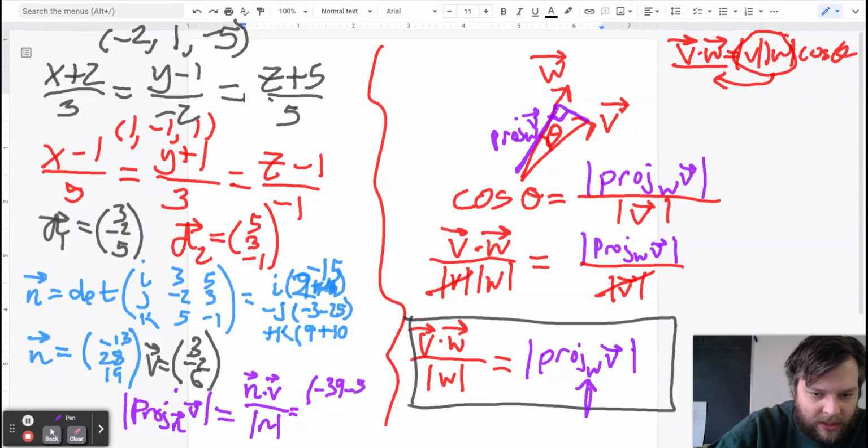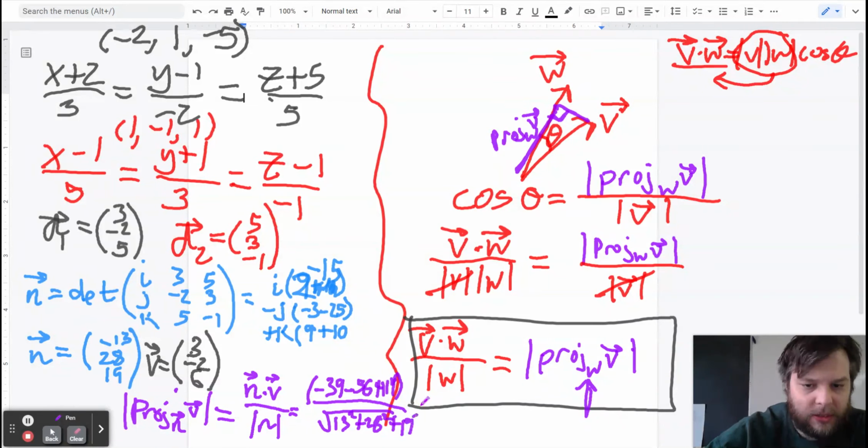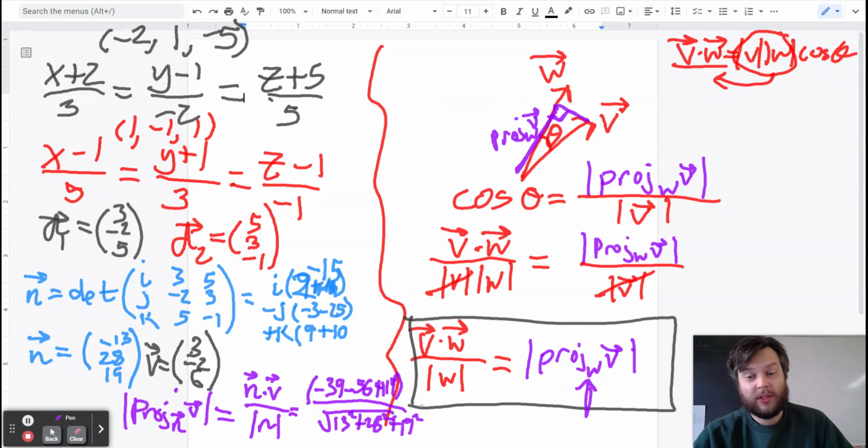And 19 times 6 is, what is that? 114, over the magnitude of N. And that becomes 13 squared plus 28 squared plus 19 squared. I should mention also that there should be absolute value bars around it because this is a strictly positive distance.